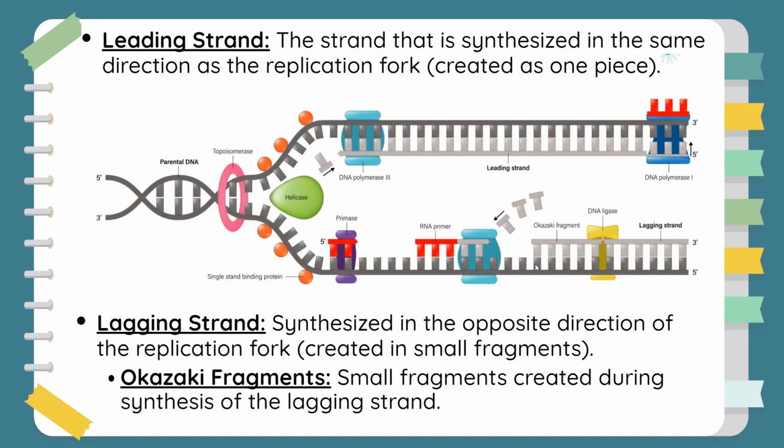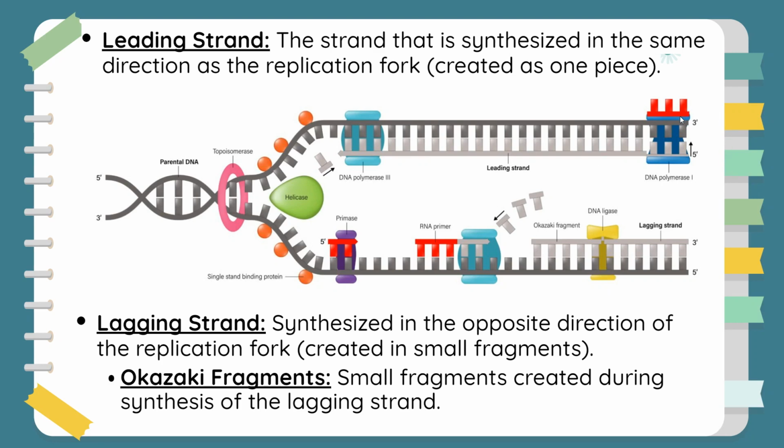We have a few important vocab words for step 2. There are two strands, leading and lagging. Our leading strand is one of the two newly synthesized DNA strands. It's called the leading strand because DNA polymerase can synthesize it continuously in the 5' to 3' direction.